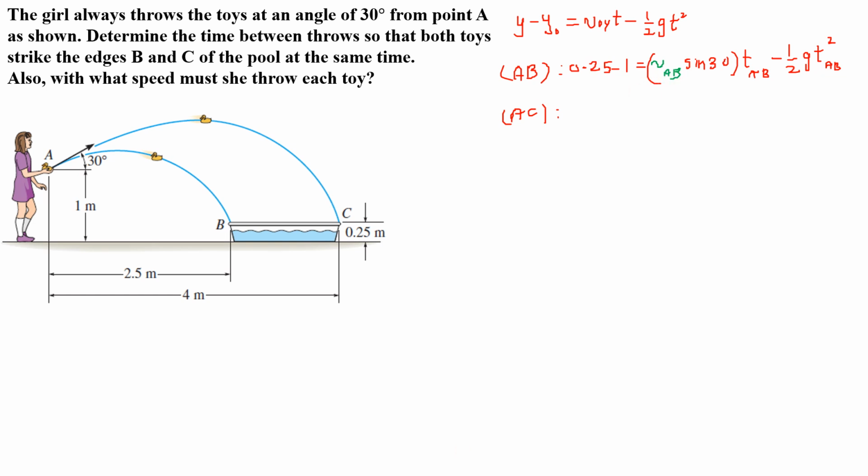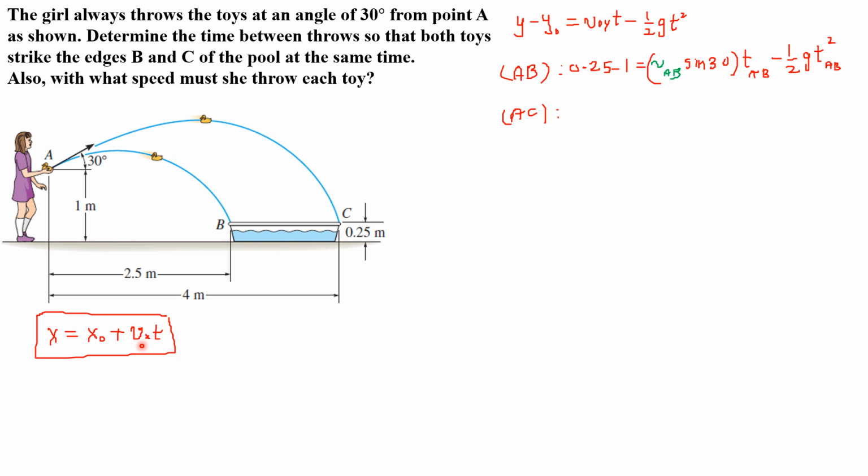Since the velocity is not given, we need to eliminate it. I can use another kinematic equation: x equals x naught plus the velocity in x times the time. Here x naught is 0, and x is the horizontal distance between A and B, which is 2.5.